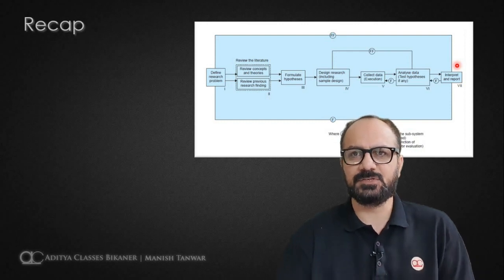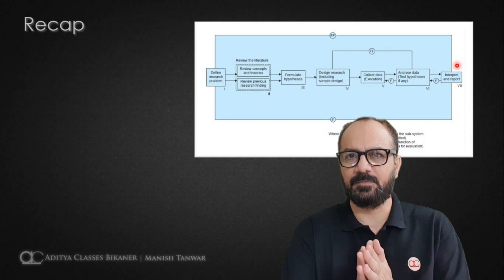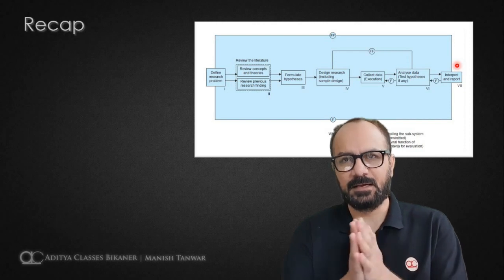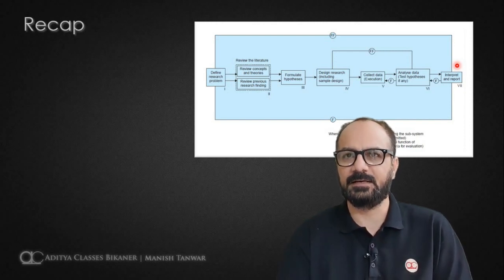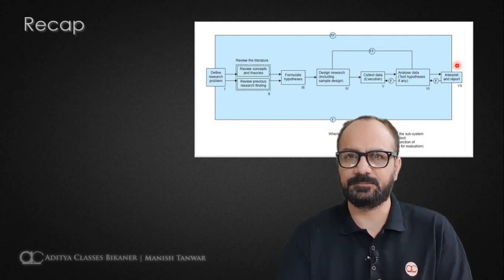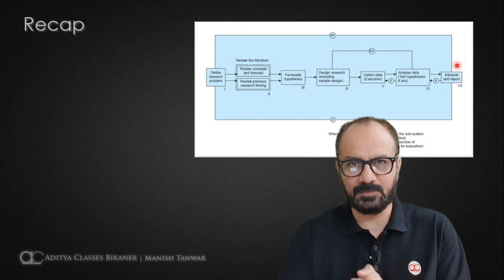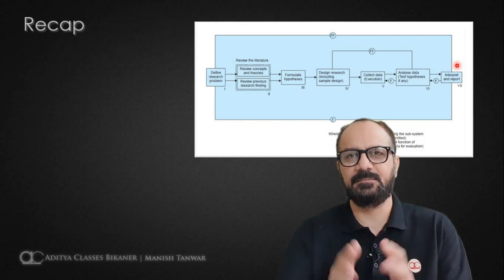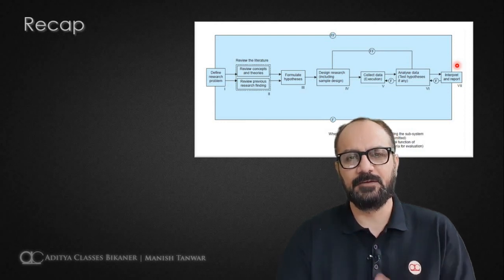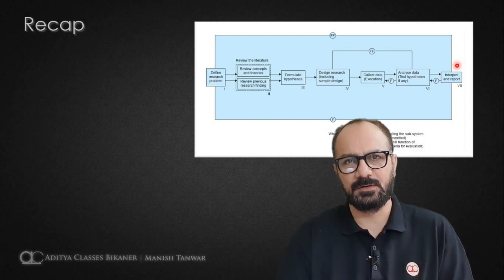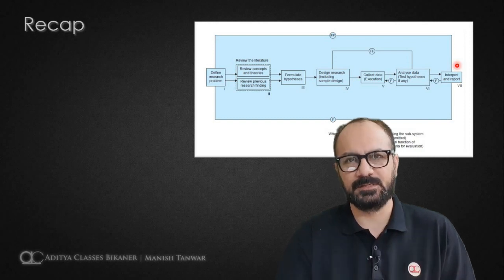So, we start our process when I state a problem, that this is my problem, then I go out and collect data, then I analyze it, then I come to a conclusion, and when I come to that conclusion, I finally submit my conclusion in the form of a report, that this was the problem that I went out to search for a solution for, and this is my report. These are my findings.